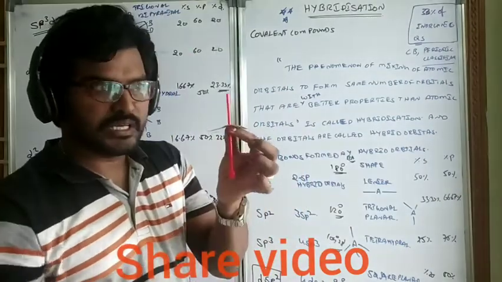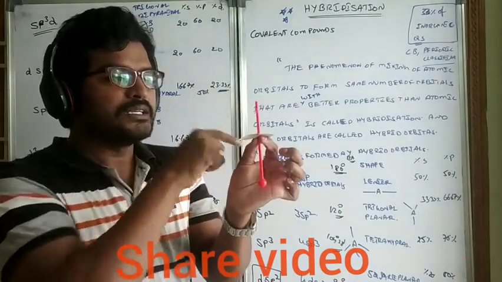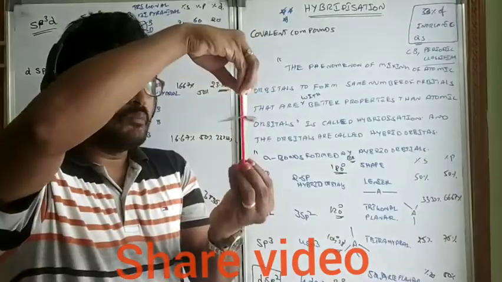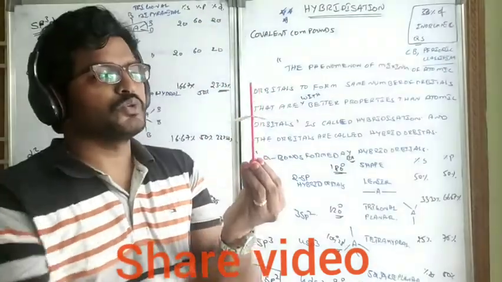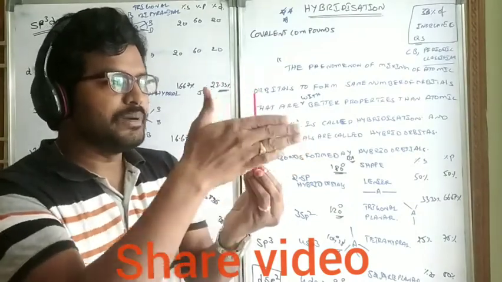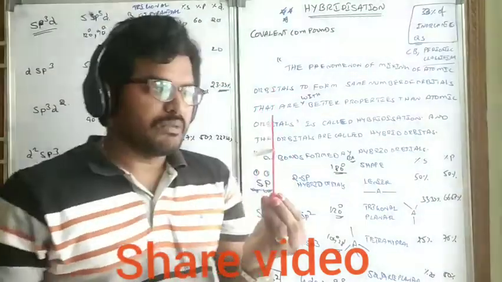So one atom, two atom and three, like a planar triangle you can have a structure. One atom will be above and one atom will be below. So why it is trigonal bipyramidal means this is a triangle base. You can have a pyramid like this, and at the bottom also you can have a pyramid.